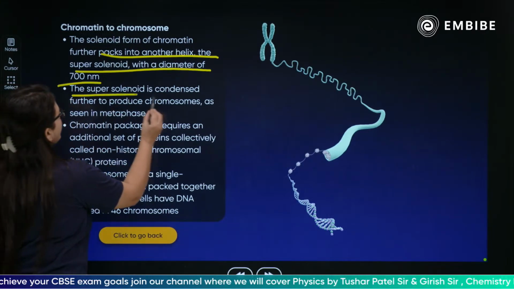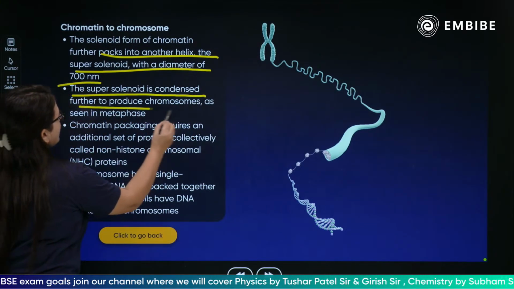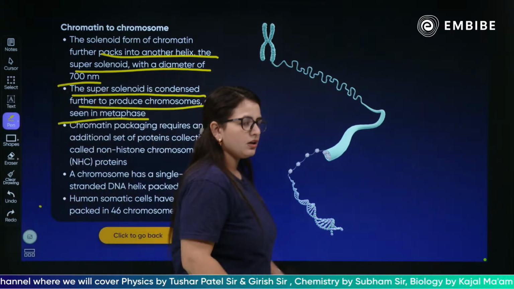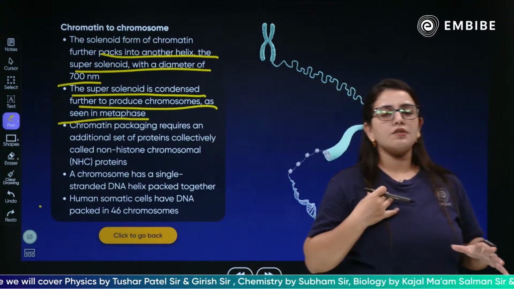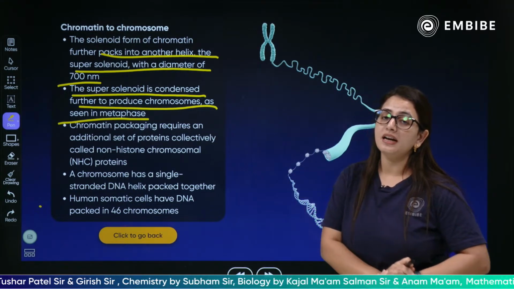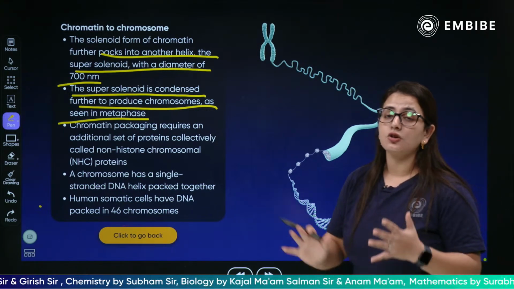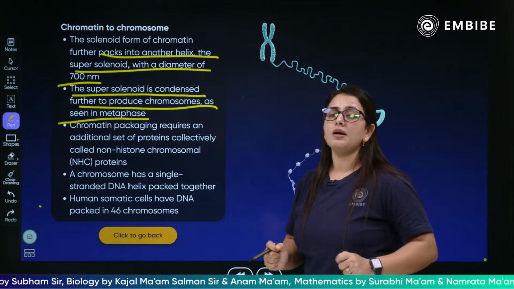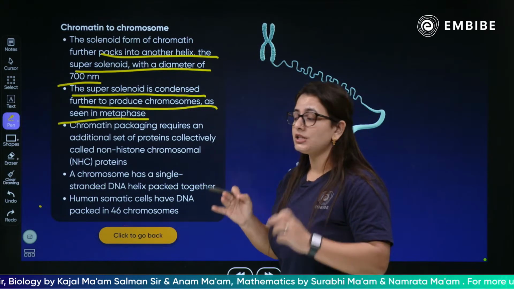The super solenoid is condensed further to produce a chromosome, seen in the metaphase. Children, chromosomes are always seen when the cell is undergoing division. These chromatin fibers condense to form a chromosome-like structure.